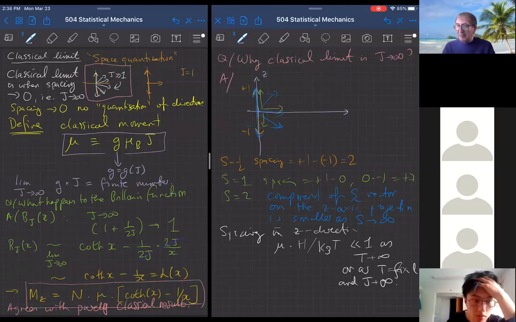So it can point in any direction classically, but in quantum mechanics, the eigenstates are restricted to be in these discrete vectors. So when j goes to infinity, you have more directions in which you can point. And that's really the main thing.